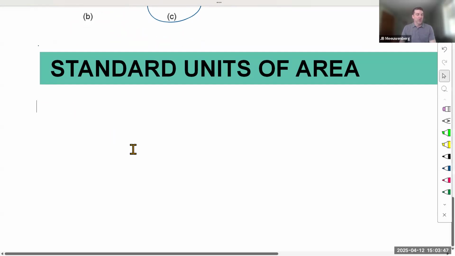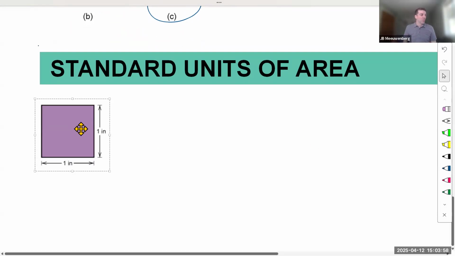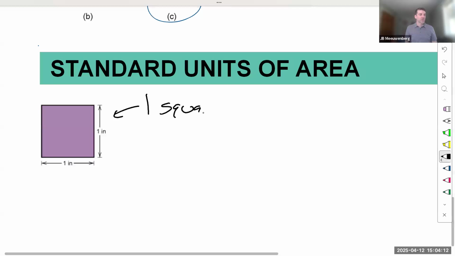As I said earlier, the square tends to be the most convenient shape to measure area in. Imagine we had a ruler and we sketched out a square that measured an inch by an inch on all sides. We say that this is 1 square inch.